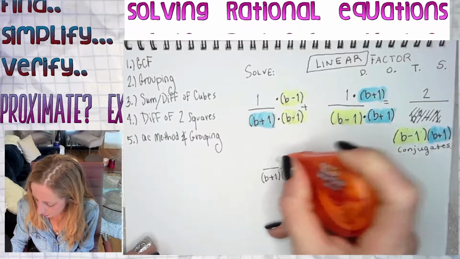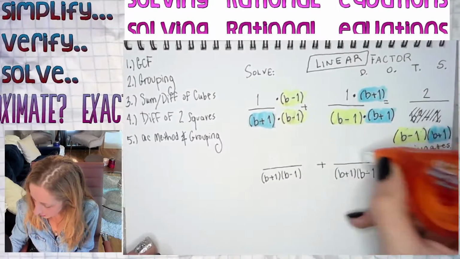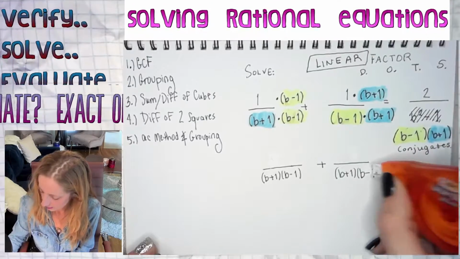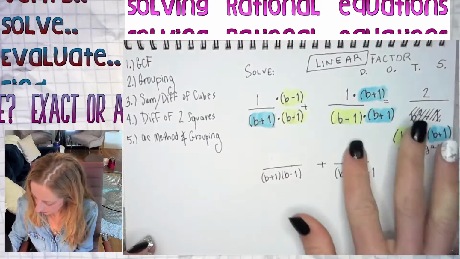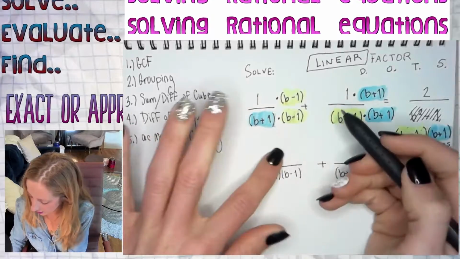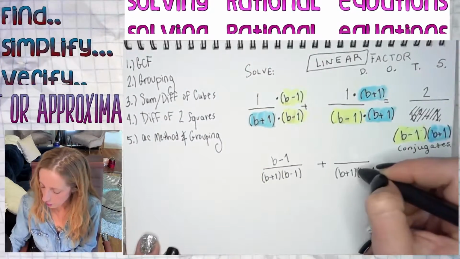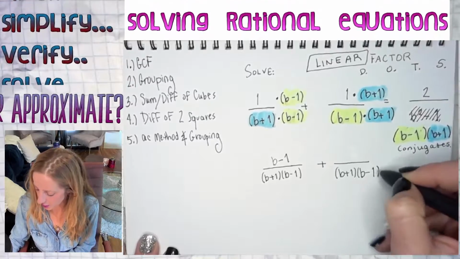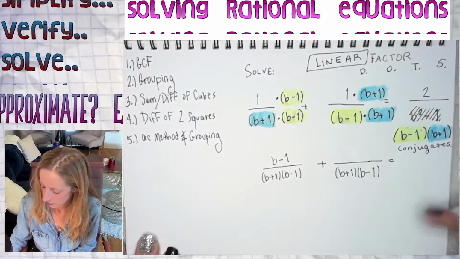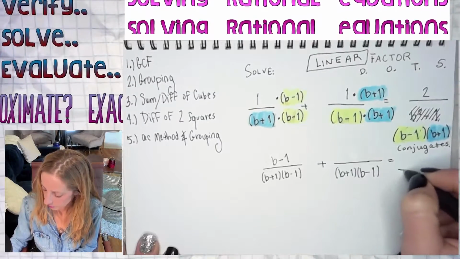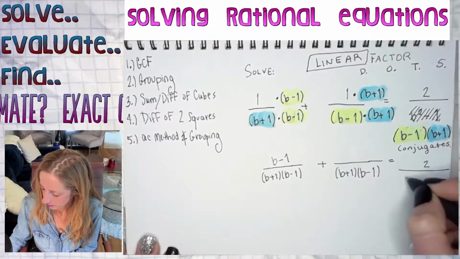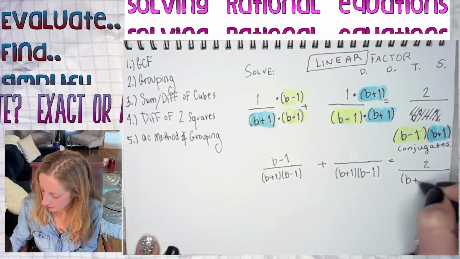What's on top of this one? What am I babbling about? What's the numerator of my first fraction? Silly me. B minus 1. Wow, you guys almost let me say the wrong thing. B minus 1. And over here, what's the numerator of this fraction? B plus 1. Good.